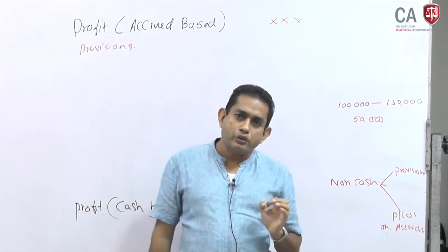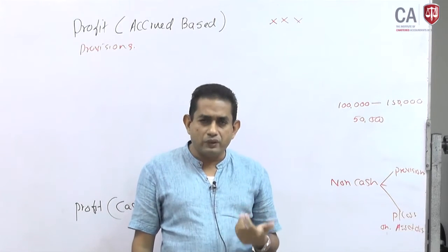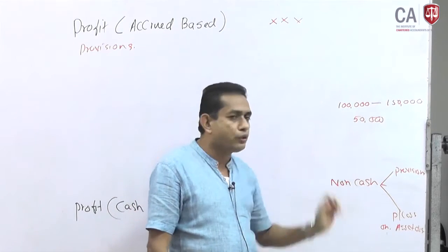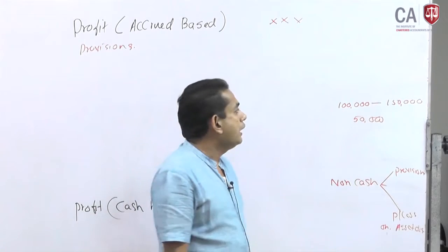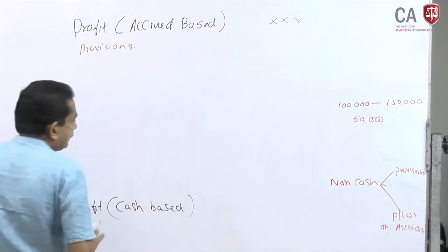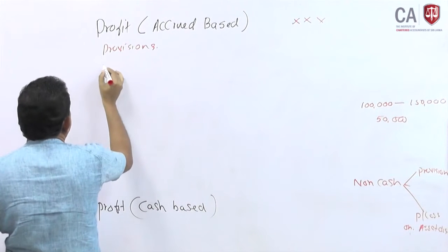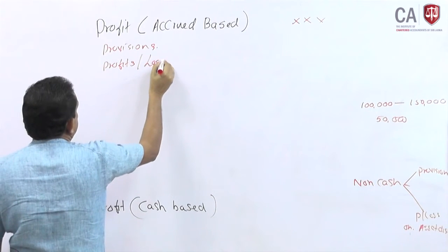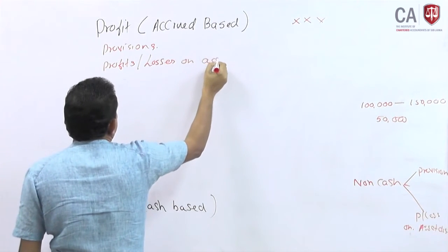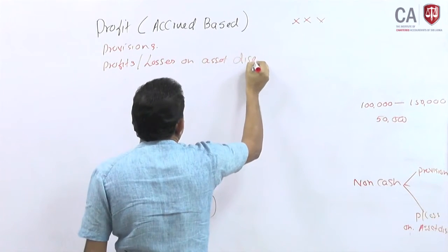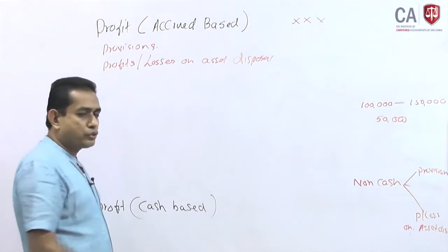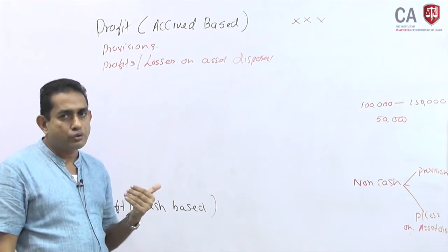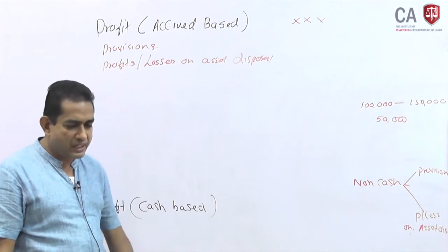So, what is included into the net profit calculations for the period is not the receipt of cash of 150,000, instead you would have included the 50,000 profit figure. Then on this non-cash transaction, let me remove the profits or losses on asset disposal. Losses need to be added back to the accrued profit, and the profits need to be deducted from the accrued profit in transforming this accrued profit to the cash profit.